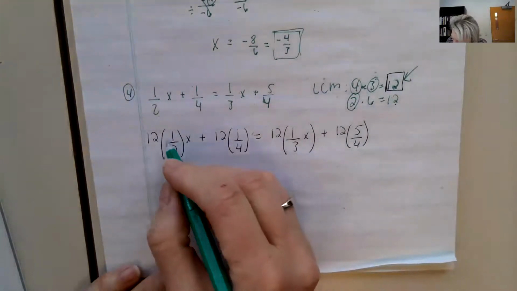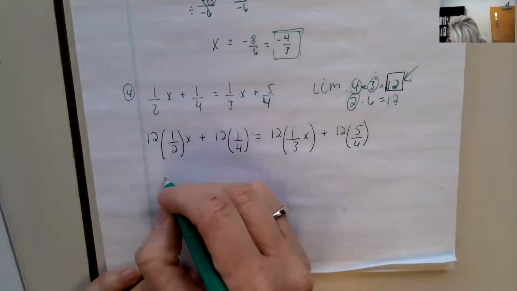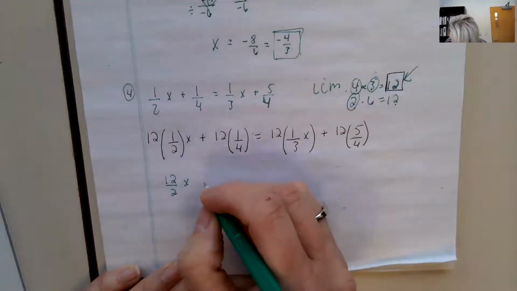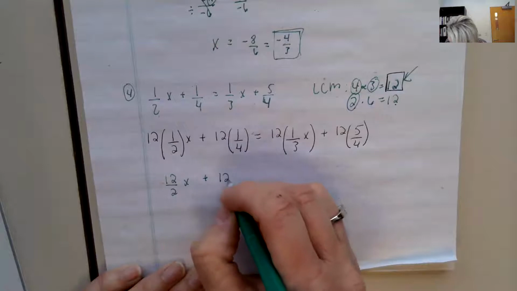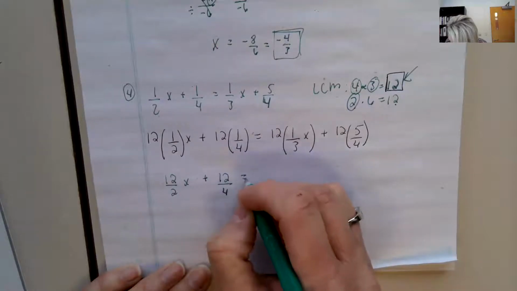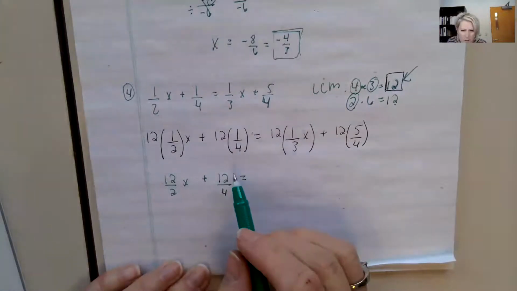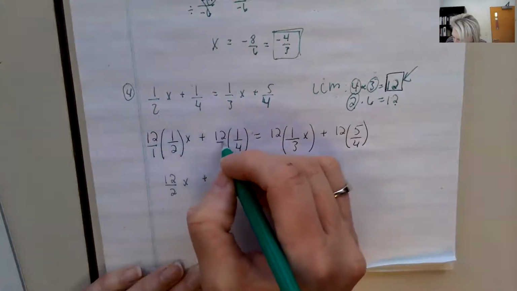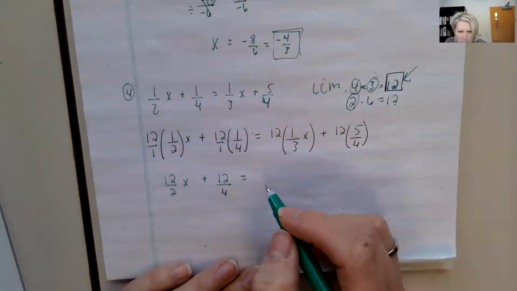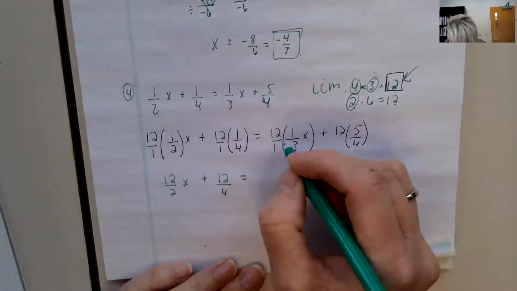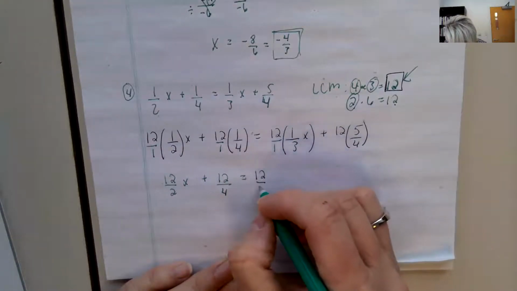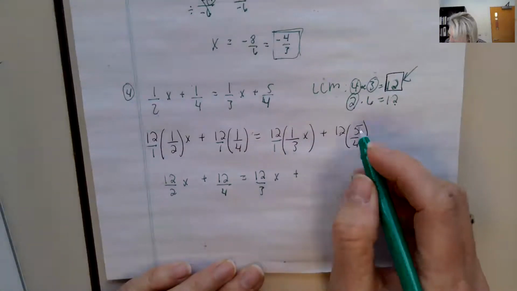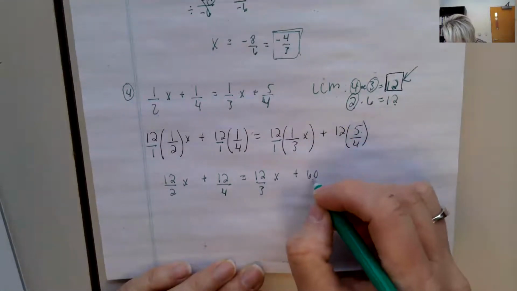So 12 over 1/2, 12 times 1/2 is 12 over 2x plus 12 over 4 equals, because remember, it's just multiplying straight across. We're treating this 12 as 12 over 1, and we're multiplying fractions. So this is going to be 12 over 3x plus 12 times 5 is 60 over 4.